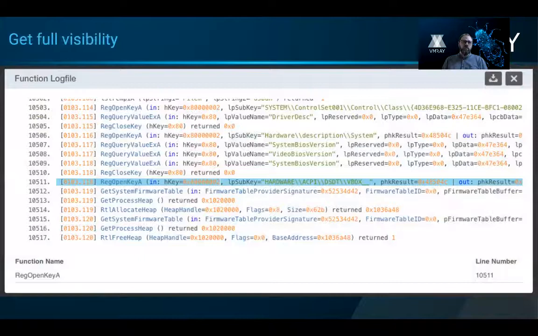Also look for a system that gives you full visibility, that's not just filtering based on what it's looking for, right? Because that's not much better than a signature-based system. You want a system that gives you full visibility down to the function log.